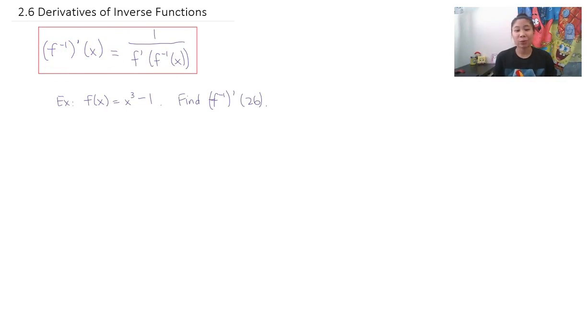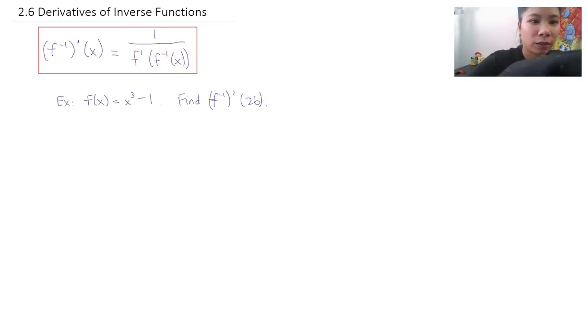For example, let's say we're trying to find the derivative of the inverse at x equals 26 for the equation f of x equals x cubed minus 1. Following the formula, we start on the very inside of the parentheses. We're looking for the inverse at x equals 26.